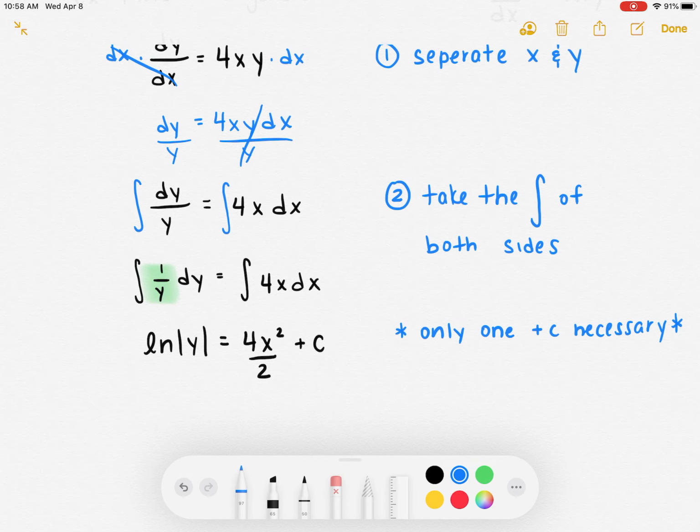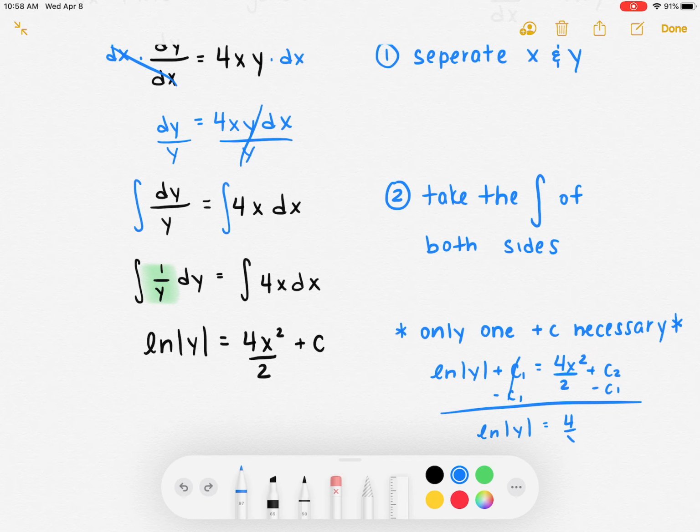Because if I had added a constant to both sides, for example, if I had made it natural log of y plus some constant equals 4x squared over 2 plus some other constant, when I start to simplify this and solve for y, when I subtract this constant from this constant, I still have a constant on the right-hand side.